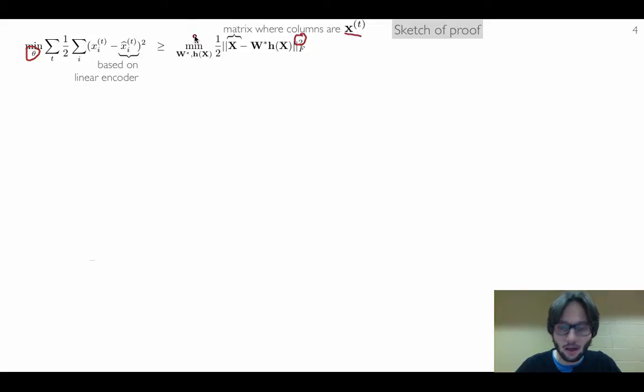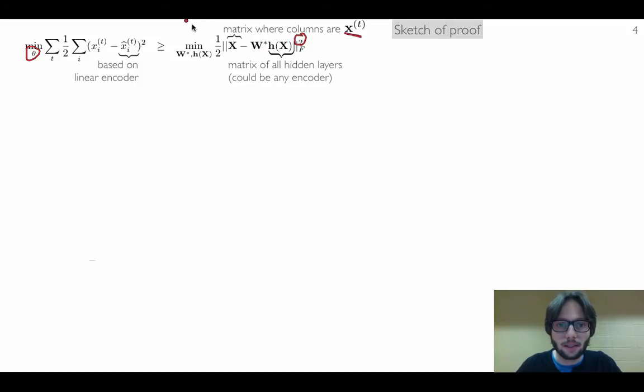And then H of X, I'll call that the matrix whose columns are the encoder outputs for each training example x_t.